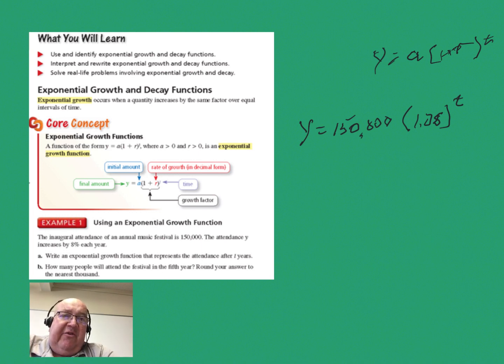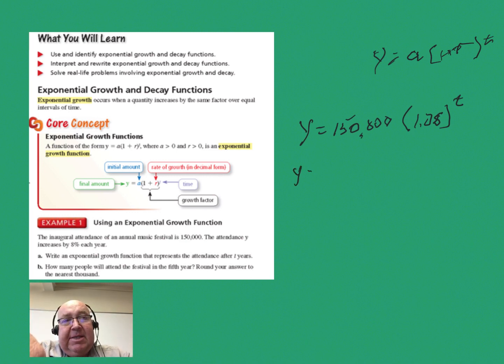And it asks us to find out how many people will attend the festival in the 5th year. Okay, so we're going to use the exponent of 4 because the first year was 0. So the exponent of 4 will represent the 5th year.